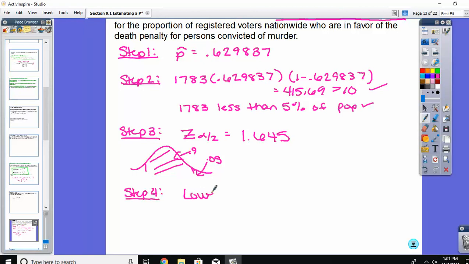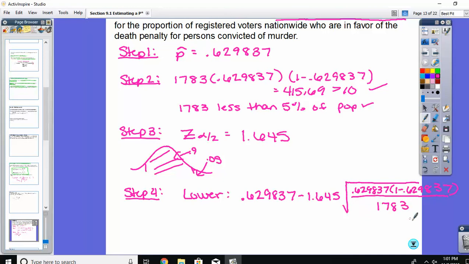So the lower interval, it's your P hat minus your Z alpha times the square root of P hat times 1 minus P hat, running out of space, over our N, which was 1783.